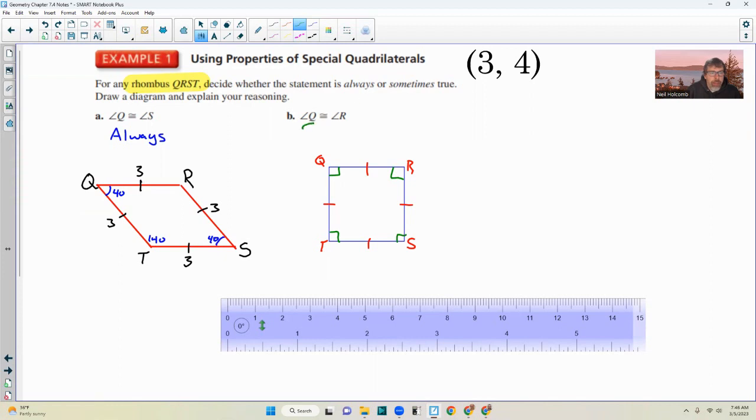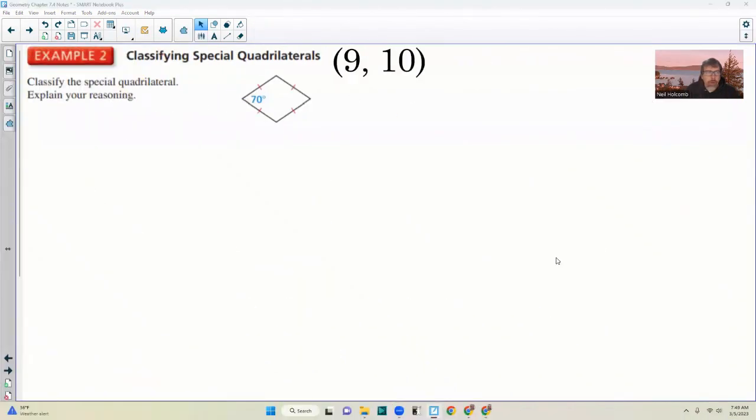So that would be sometimes. Okay, it's not always 90 degrees, because obviously 40 is not 90. 140 is not 90, but if these are all 90, it is still a rhombus, because by definition, a rhombus is a quadrilateral with 4 congruent sides. So now you should be able to do problem numbers 3 and 4 in the exercises.